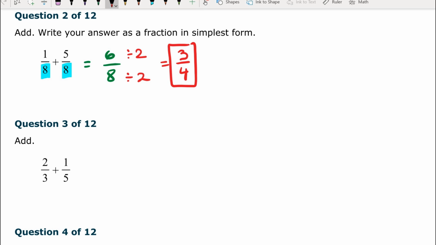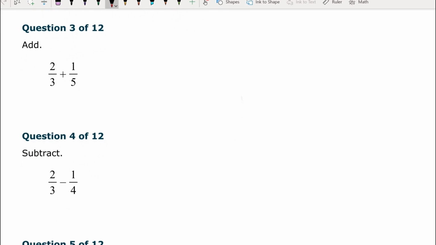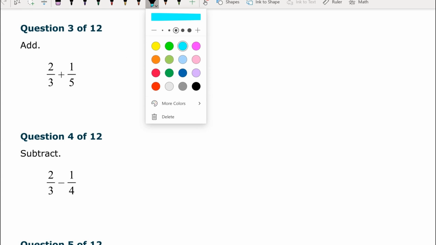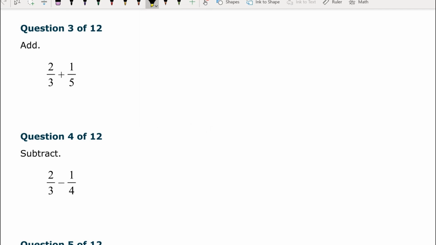Alright, we'll look at problem number 3. To add 2 fractions, you need the same denominator. Right now, one of them is 3, the other one is 5. So we need to find the least common denominator, which would be 15. For the first fraction, you multiply the denominator by 5.